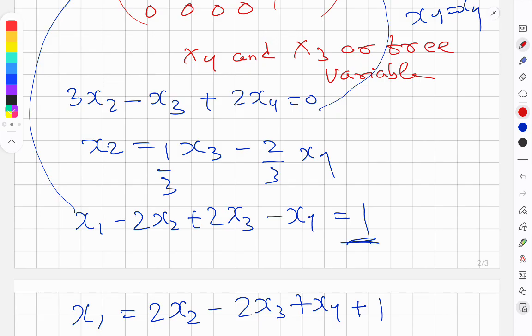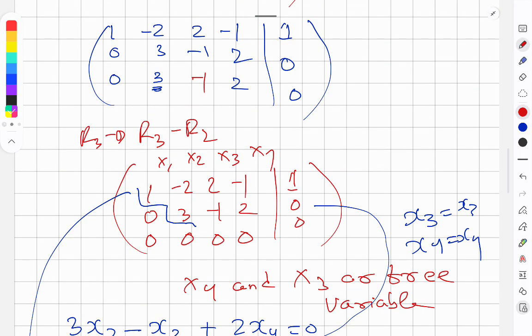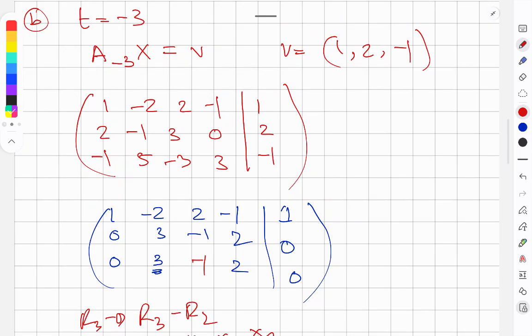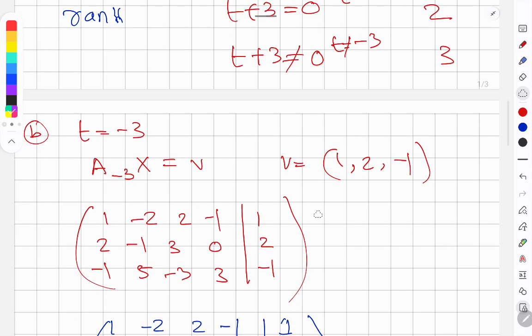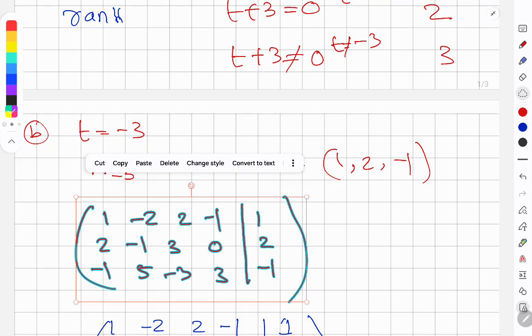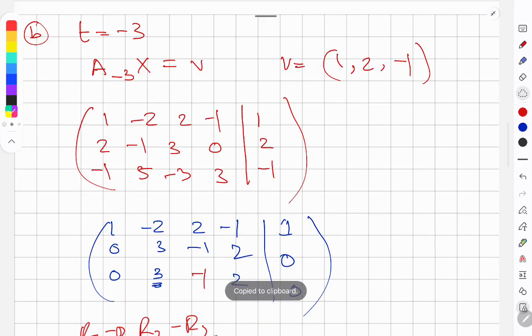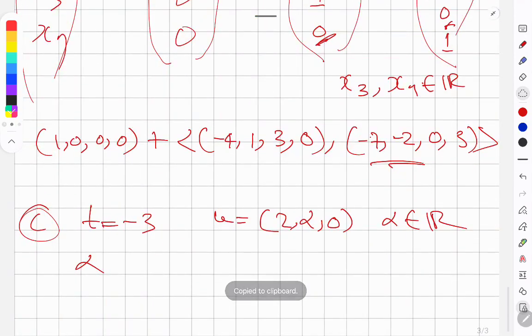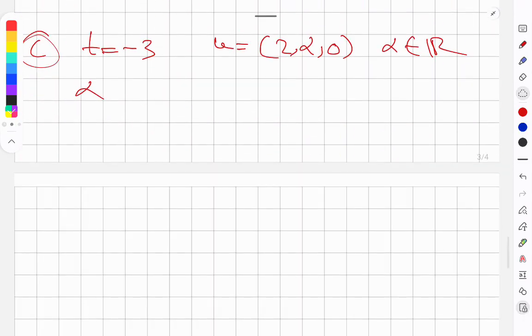So it's like doing the second step with a different u. This is the same linear system. To avoid a lot of writing, I can just copy this one here. This is the same as the last one, but they changed the vector. I just copy and paste it over here.